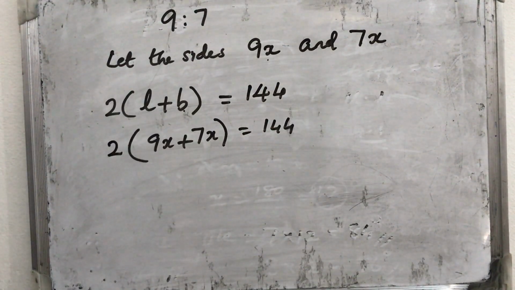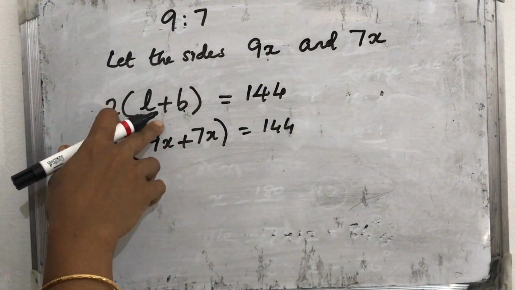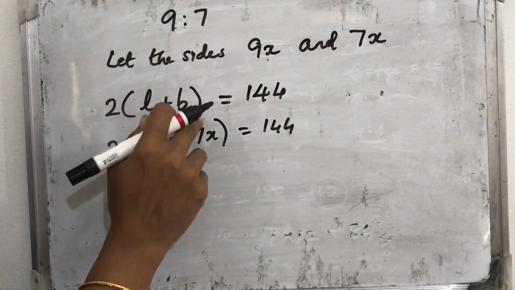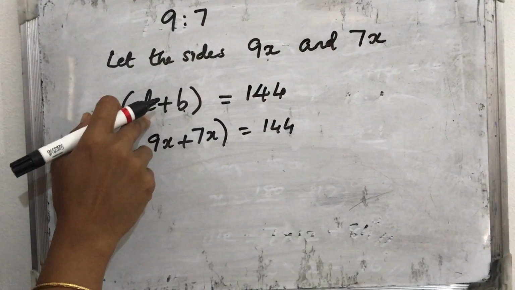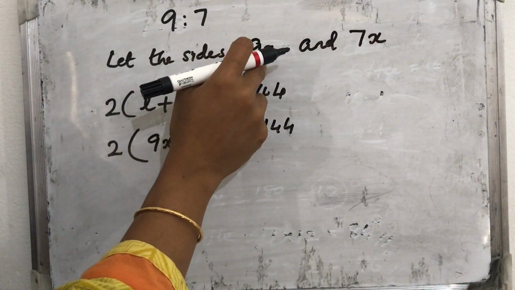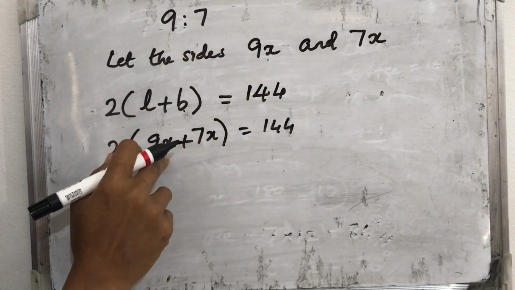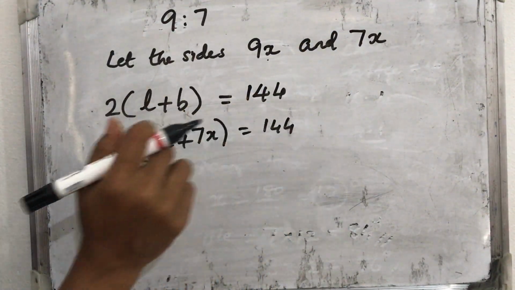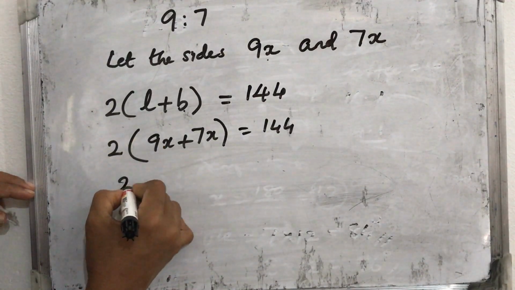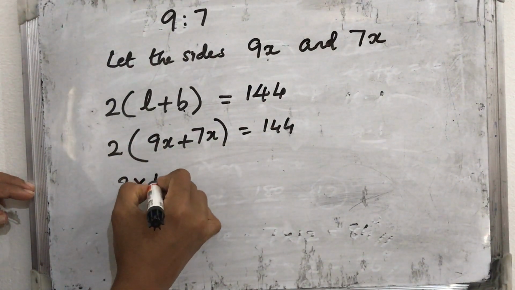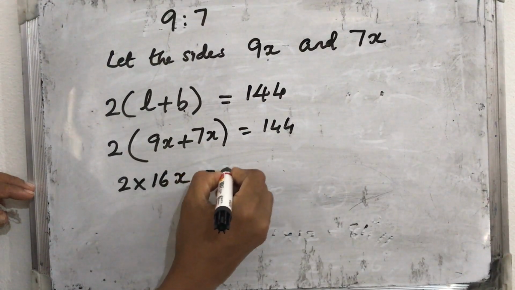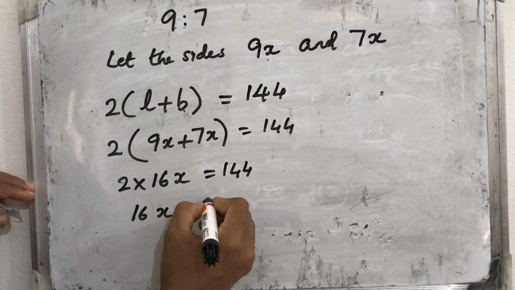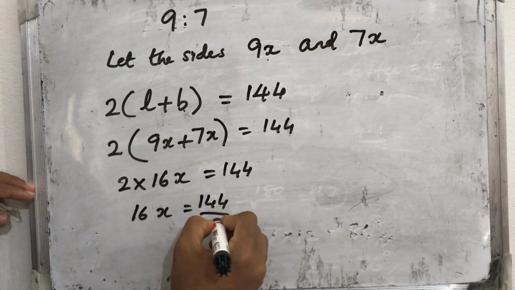The perimeter formula we know is 2 into length plus breadth, and we substitute the values of length and breadth. And it is given 144. So by simplifying, 9x plus 7x is 16x, equal to 144 by 2.